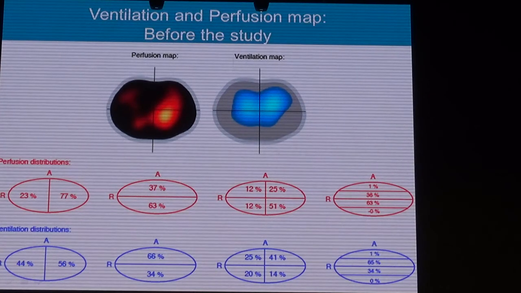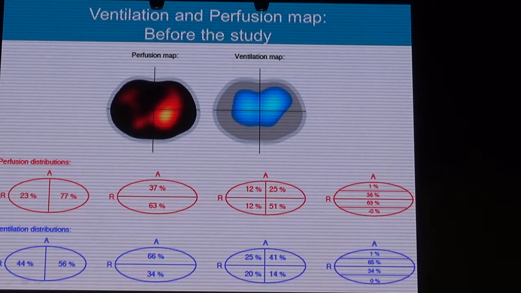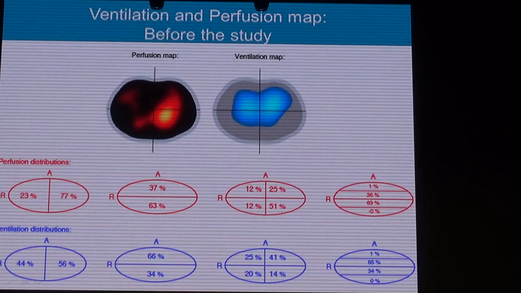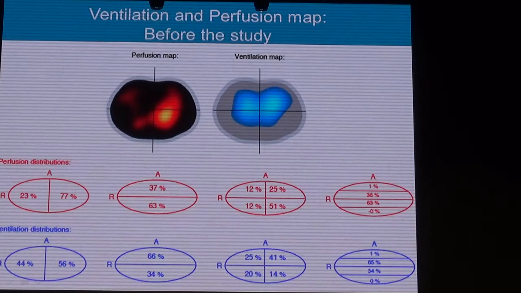The only change in electric impedance by injecting saline is where the hypertonic saline goes, which means blood flow. So at the bedside, you have a map on the upper right in blue of the ventilation, and a perfusion map on the left. And you can match the quadrants, right and left, upper and lower of the lungs.